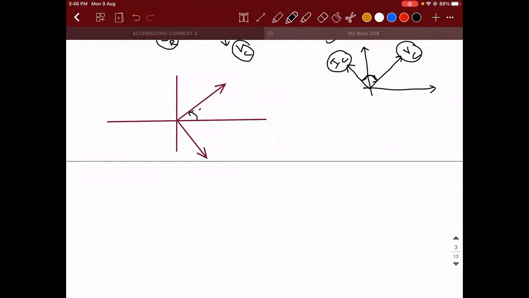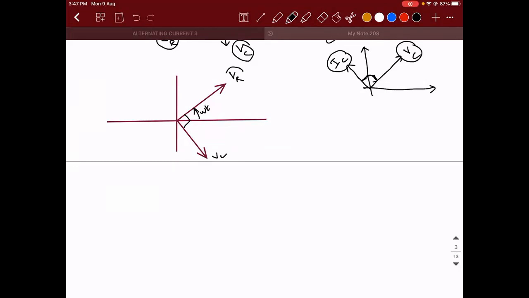So if VR is making an angle omega t with the x-axis, then the angle here is omega t minus pi by 2, and this angle will be pi by 2 in the clockwise direction. Okay, this is an important point to be noted. I repeat, this is omega t, then this will be 90 degrees, where this is called VC.